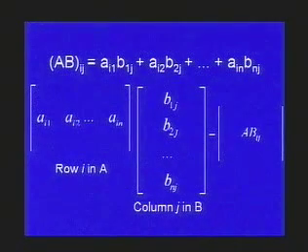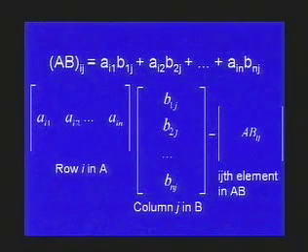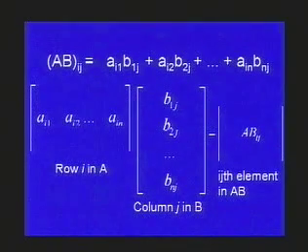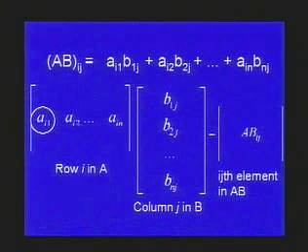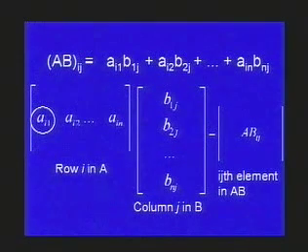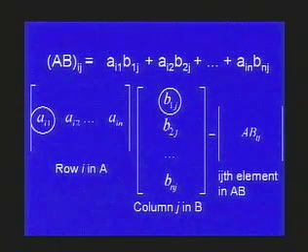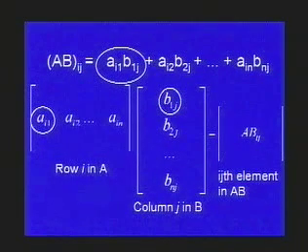Multiplying row i in A by column j in B is going to give us the ijth element in AB. As you see, if we take the first entry in the ith row of A, by the first entry in the jth column of B, we get little a sub i1, little b sub 1j.